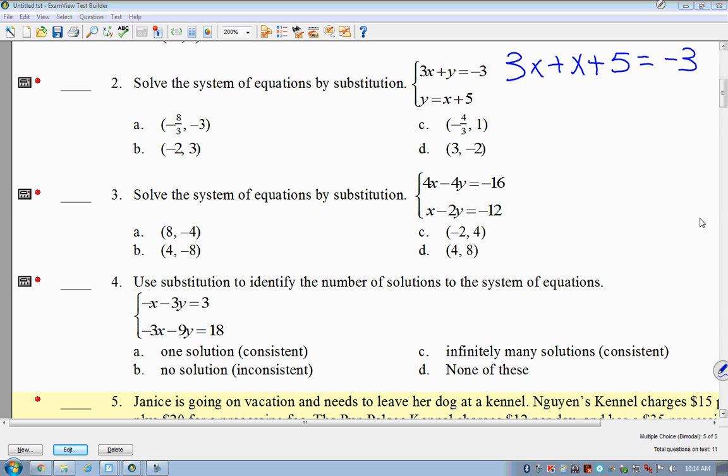Subtract 5 from this side over here. So that's going to give me 3x plus x equals what? What do you get with negative 3 minus 5, Jewel? Negative 8.